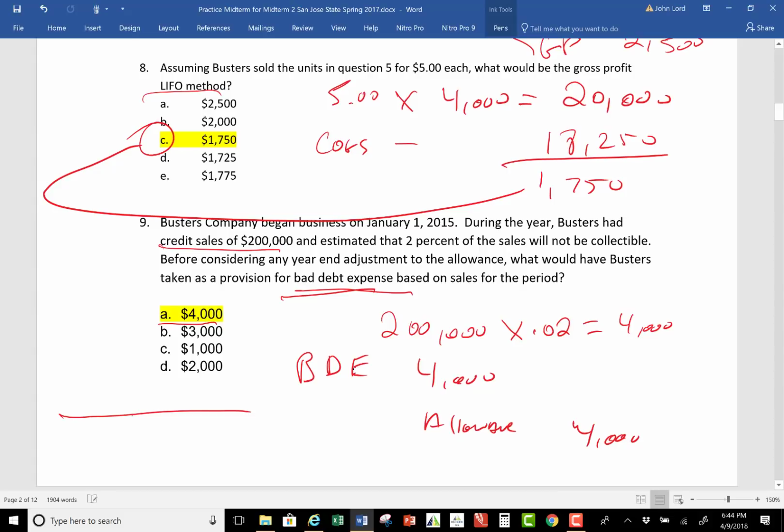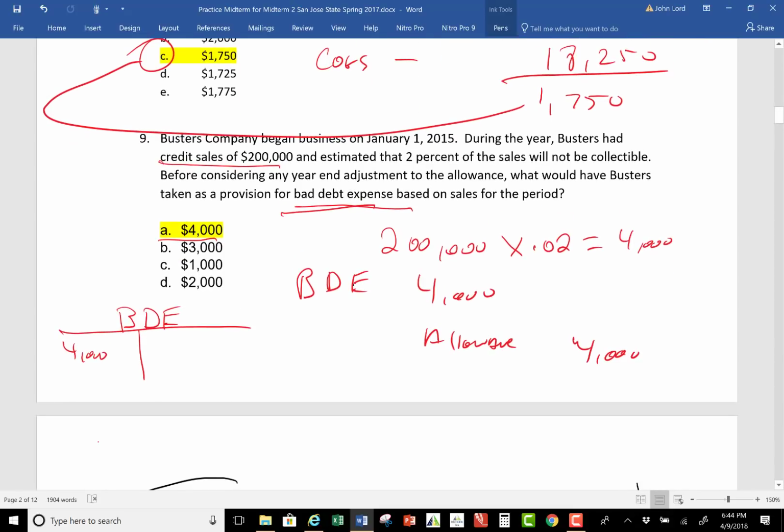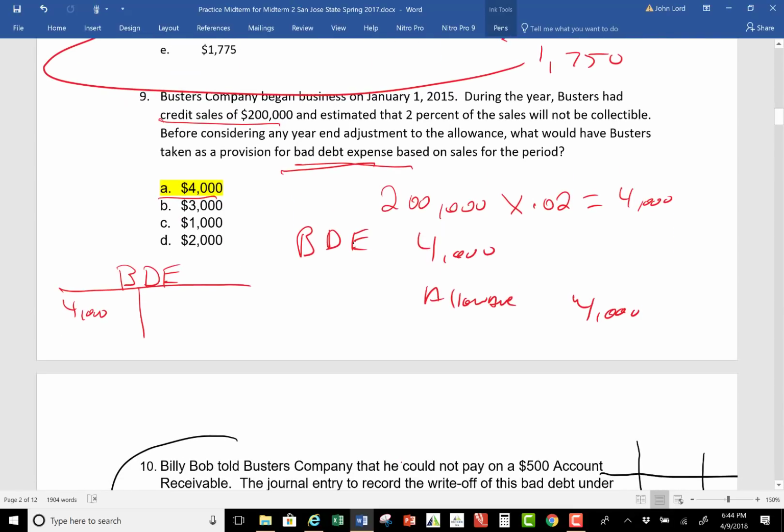Now we go ahead and we do what? We set up the bad debt expense T account. I'm going to go ahead and debit it for 4,000. I'm going to go ahead and credit the allowance, I guess. Put the allowance over here for 4,000.